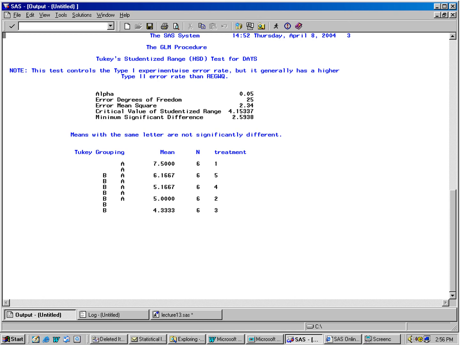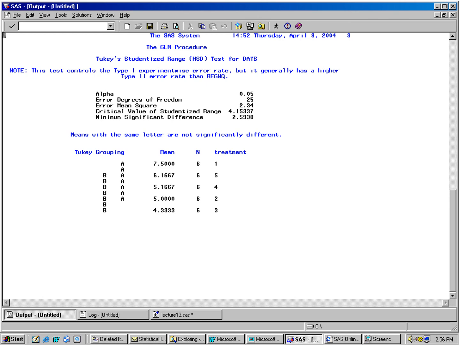It takes a little bit of practice to get used to this kind of grouping method. If none of them were different, what we would see is just all A's. We would see no B's. If there was no significant difference, then it would just be A all the way down to treatment 3.